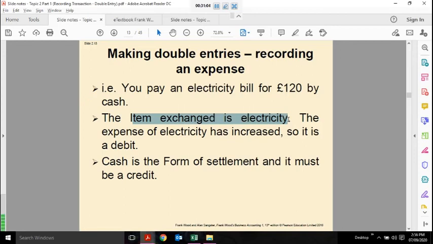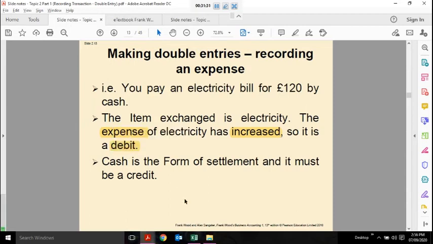Now this is the electricity bill. You cannot put it as asset, liability or capital. You cannot put it in that concept. So basically the electricity bill is your expenses, right? So when your expenses increase, just highlight here, expenses increase, therefore you should record it on the debit side.